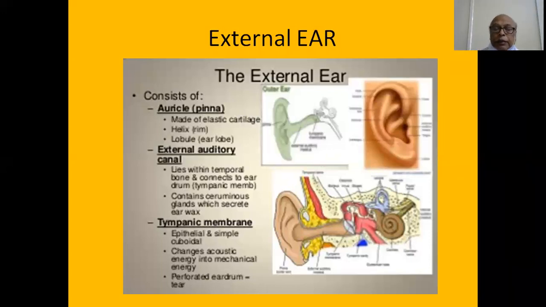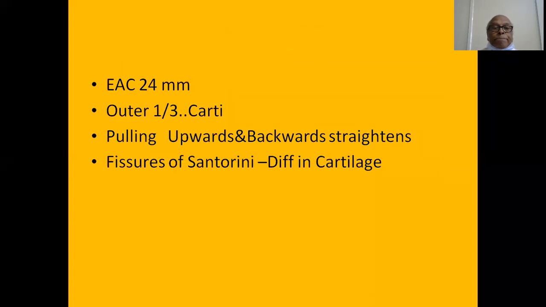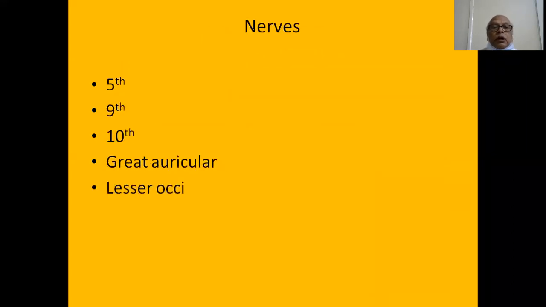Coming to the nerve supply first. The fifth nerve, the trigeminal nerve, by means of its auriculotemporal branch, supplies the outer surface of the pinna.